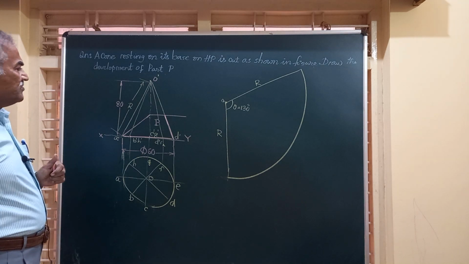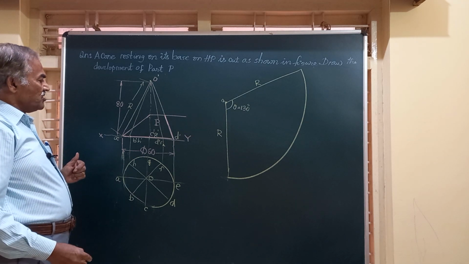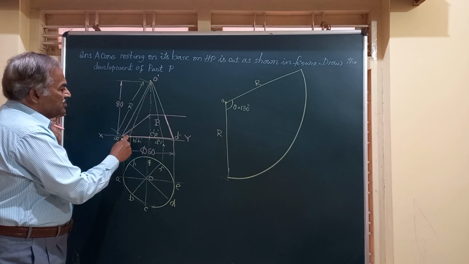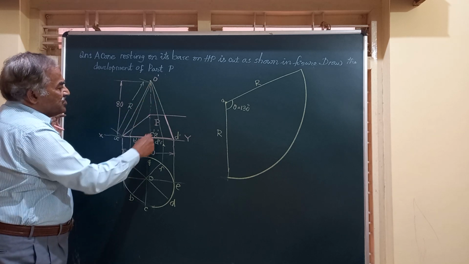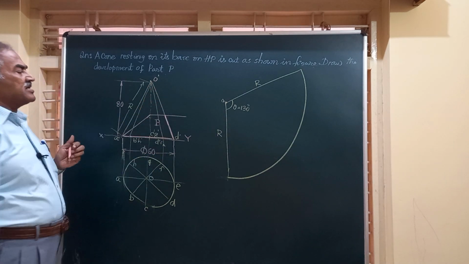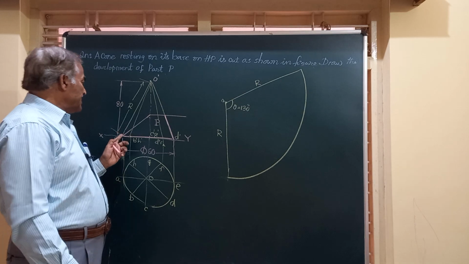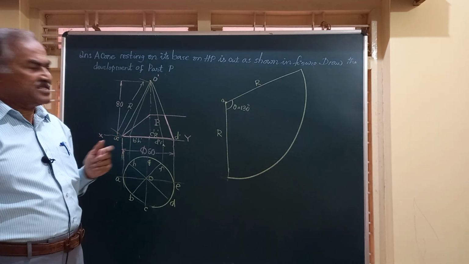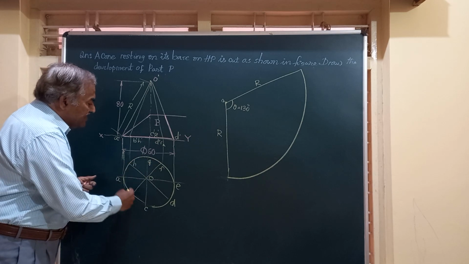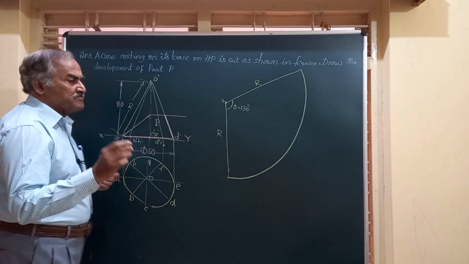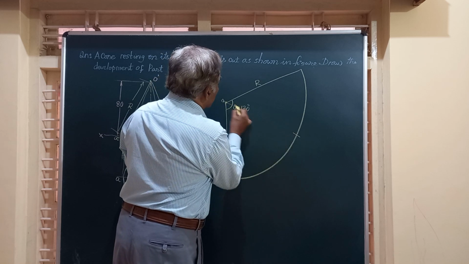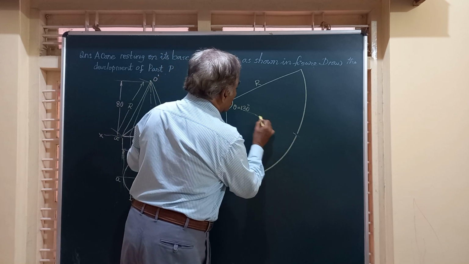Now we can see these generators OB, OH, OC, OG, and OD, OF are all cut by the section plane, excepting the last generator O dash A dash. We have divided the base circle into 8 equal parts, so also we will divide the development into 8 equal parts.